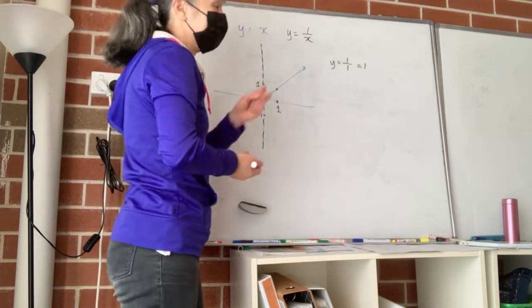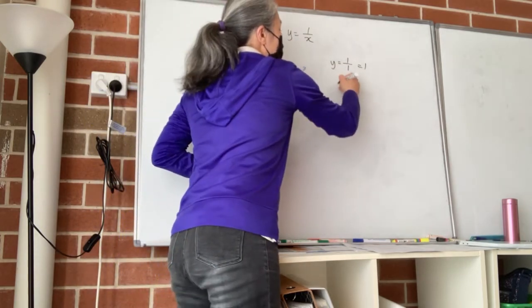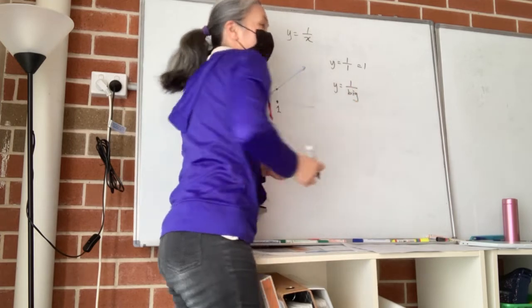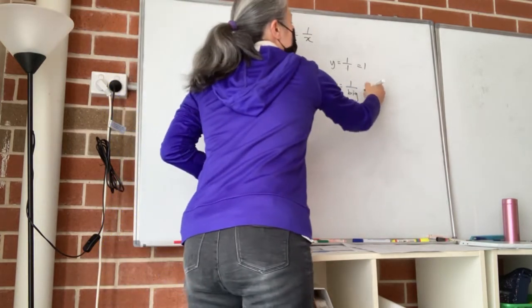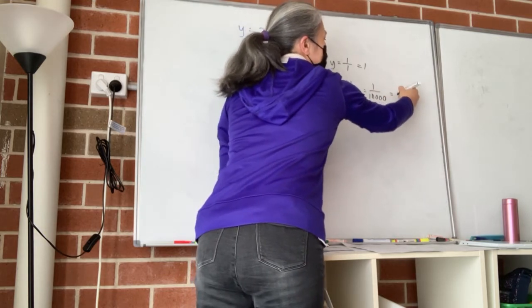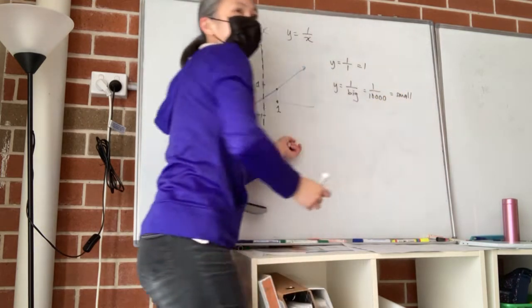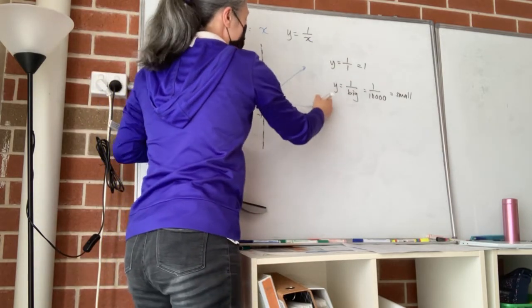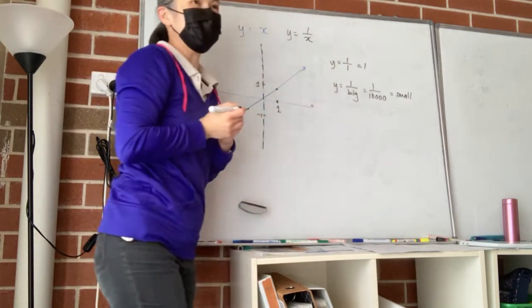And now, the third point is if I have y equal to 1 over a big number, it's going to be really small, is that right? So when it is getting really big on the y, it's going to get really small on this side.